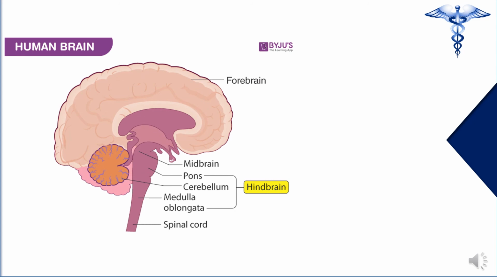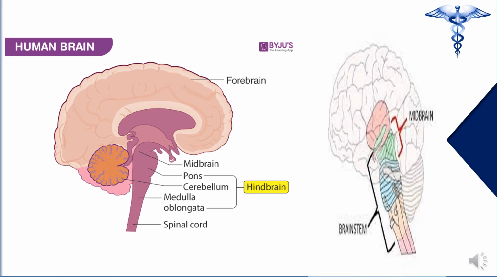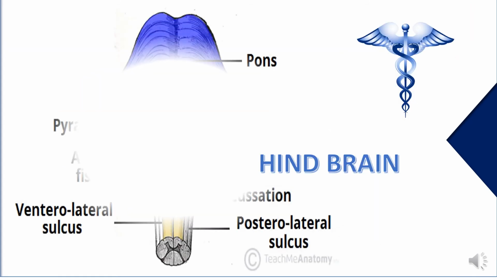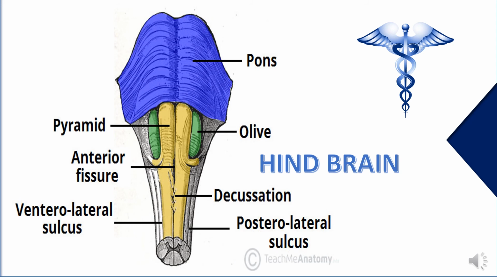Now we finish the midbrain. Now starting the hindbrain. The hindbrain is composed of three parts: the pons, medulla oblongata, and the cerebellum. The pons lies anterior to the cerebellum. Above the pons is the midbrain. Below the pons is the medulla oblongata.